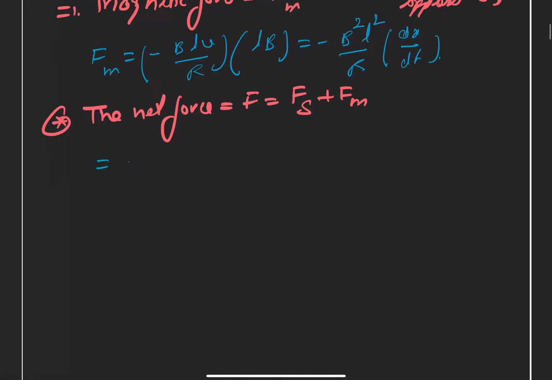We get this as minus kx and minus B square L square upon R, and this comes as dx by dt. And we can write the net force is nothing but our mass into acceleration. So this can be written as the double derivative of our small displacement, that is x.